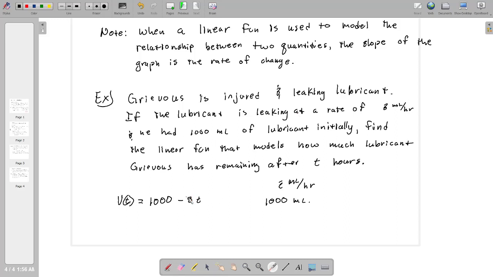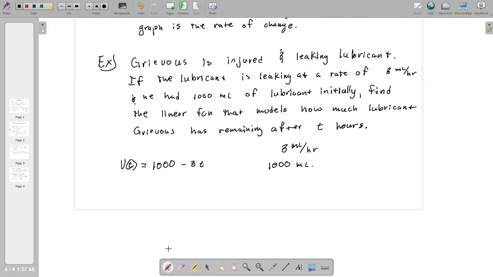Now, if he was, say, refilling his lubricant, then that would be a positive 3 because he would be adding lubricant to it. Now let's suppose that we wanted to know how long it would take for him to be completely empty, for no more lubricant left. Well, all we need to do is figure out what that means in the context of this question.